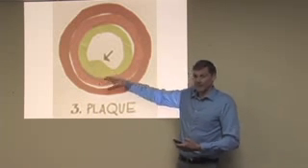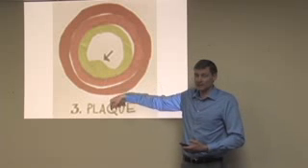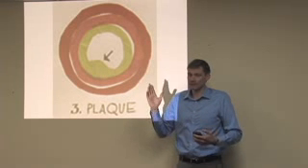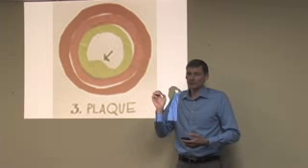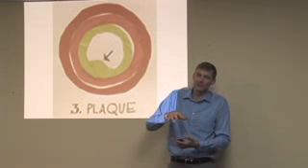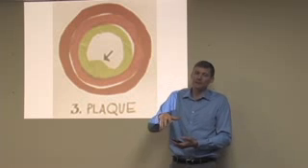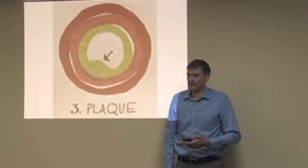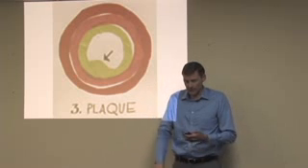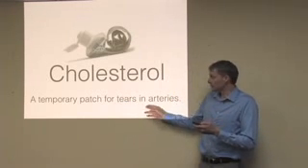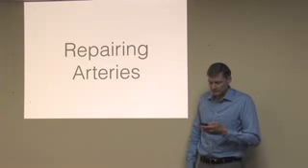Okay, but it ends up there because of the tear. It just ends up there. It just gets stuck in there. That's what happens. Does that make sense? Okay, so cholesterol is a temporary patch to repair the tear that is not being repaired because of a deficiency of vitamin C. You got that? Now there's more to it, so just follow along here with me. All right, cholesterol is a temporary patch for tears in the arteries.